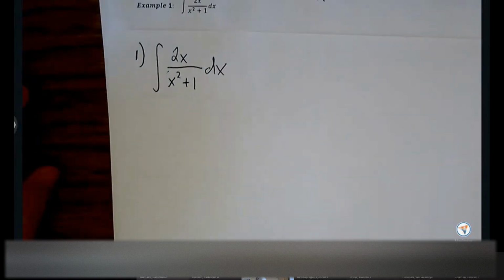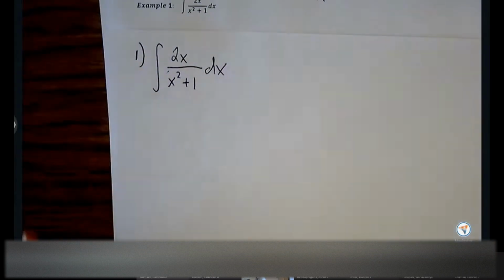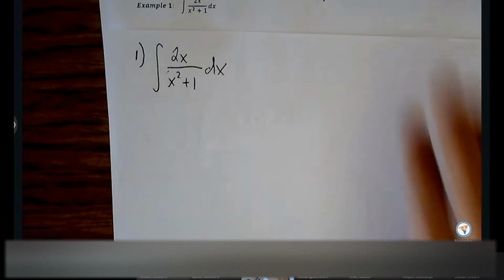But if we want to explore u substitution, notice that this is not as easy as what we did for chapter 4. In chapter 4, I said, hey, just get a set of parentheses to show up, and that's most likely where the u value is. Parentheses are not as apparent here, so we're going to have to play around with what our u value could be.